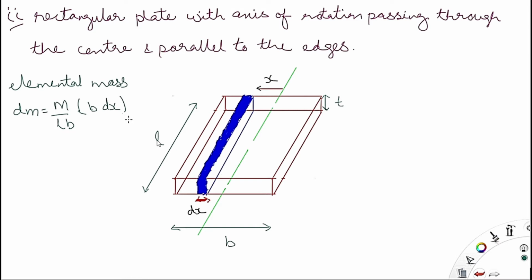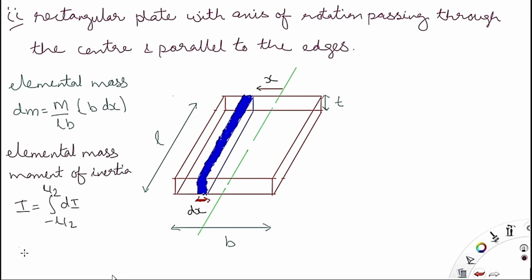So change it according to the derivation that we will see. Elemental mass dm is equal to mass per unit area into elemental area B into dx. Elemental mass moment of inertia is dm x square, and we integrate it and we get M L square by 12.